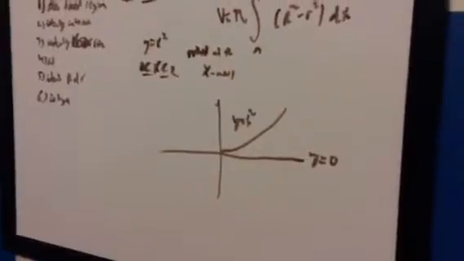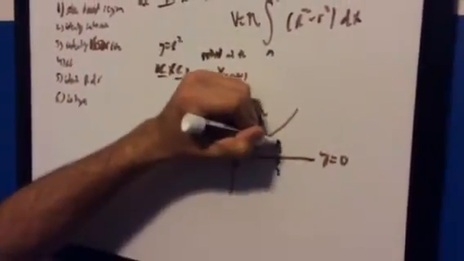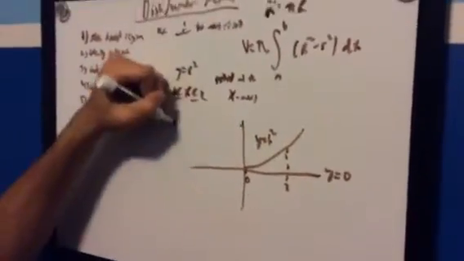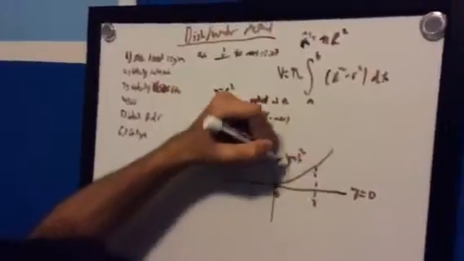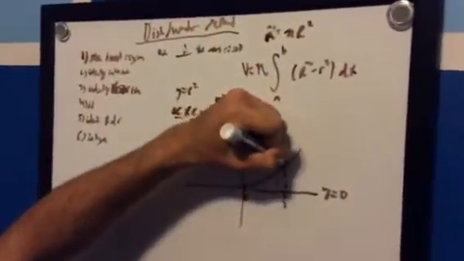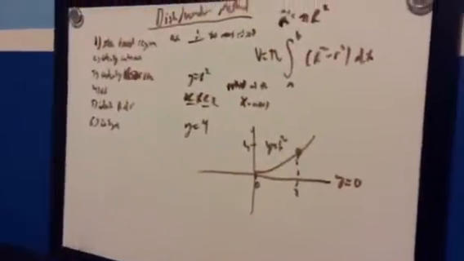So y equals x squared. So 0, and we'll say this is 2. So y at 2 is going to equal 4. So this is going to be 4. And we're looking for this area right here.